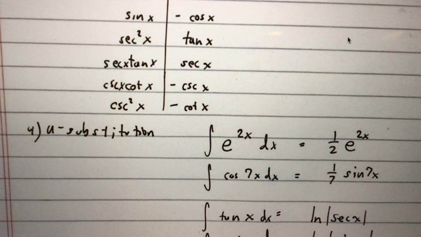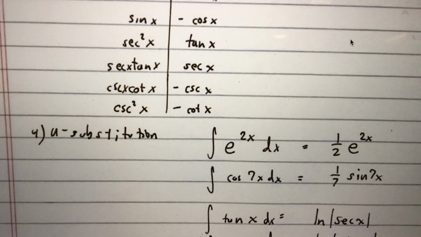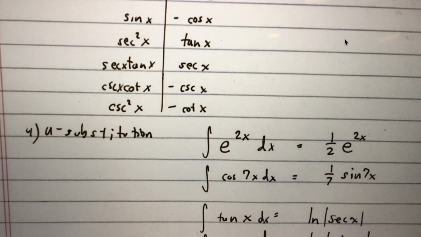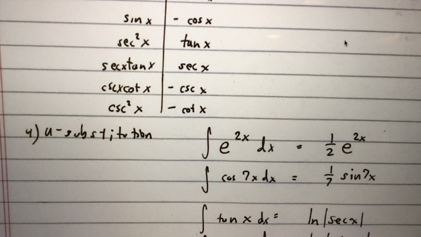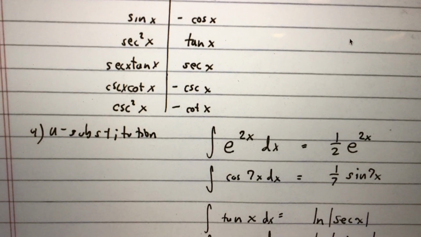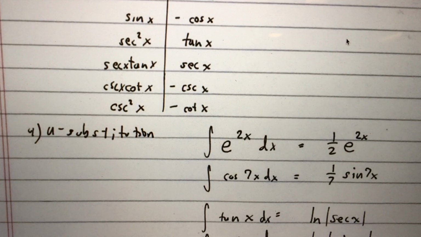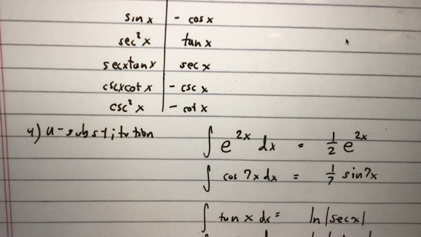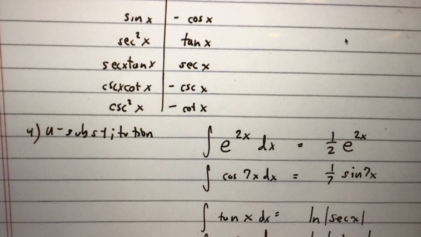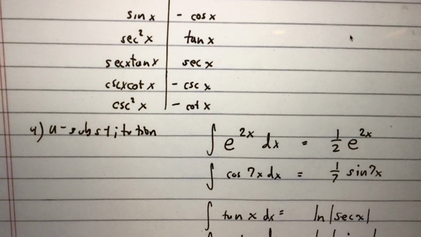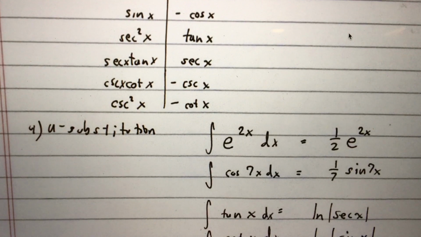Then we have u substitution from Calc 1. There's a couple of u substitution problems there that you can do in your head. If it's just a multiple of x on the inside, then, for instance, the antiderivative of e to the 2x is going to be itself, e to the 2x, but you also have to multiply by a half, because that'll cancel out the 2 when you take the derivative to check it.